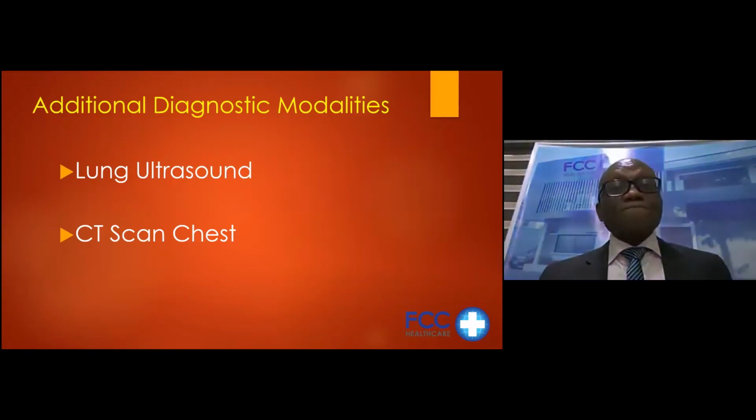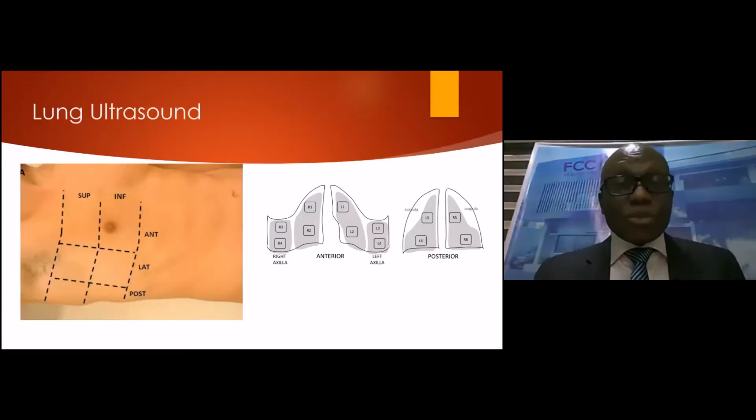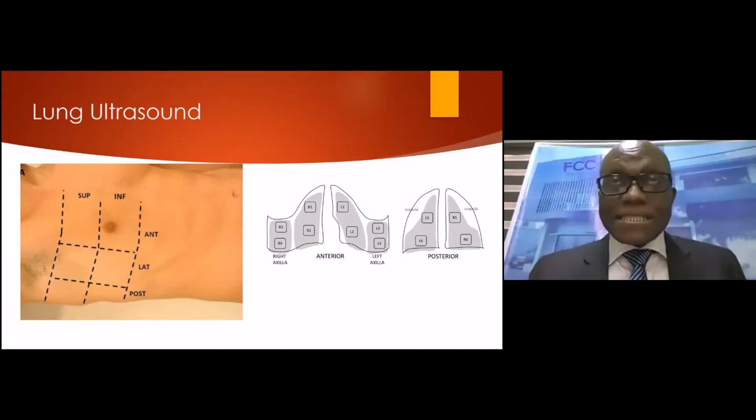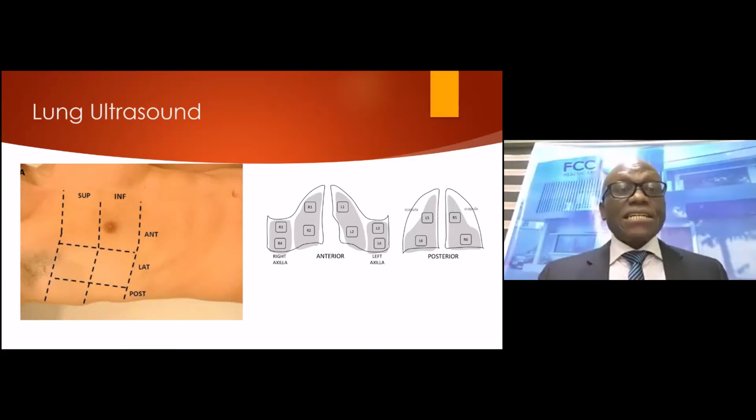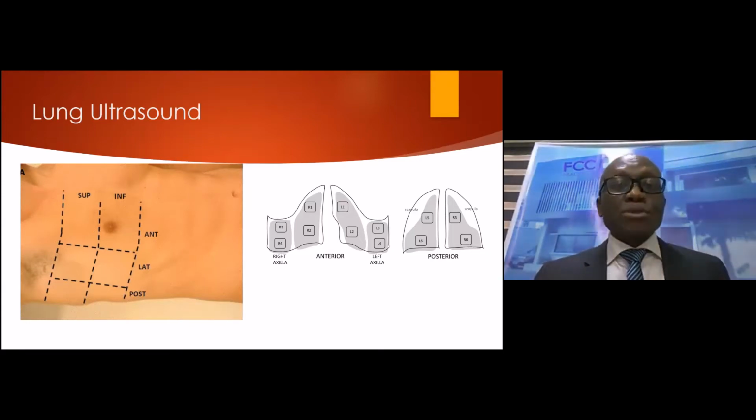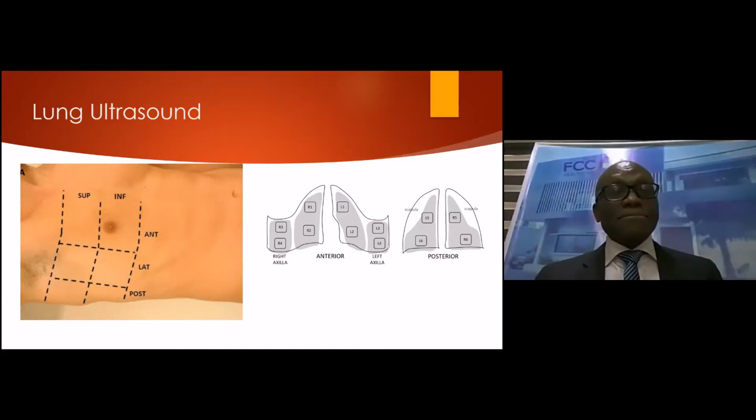What would you say? So to do the ultrasound, which is available in most places, just requires the expertise to be able to do them, but it's a teachable skill. You divide the chest, each half of the chest, into 6 segments. So if you draw a line above the nipple and a line around the costal margin, then you can have the segment on top being segment 1, the one below close to the midline being segment 2.